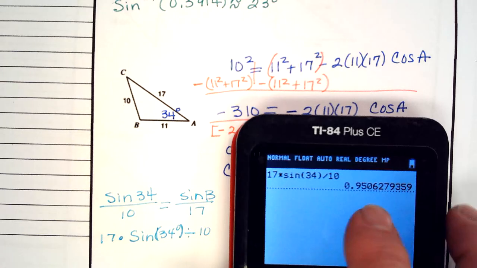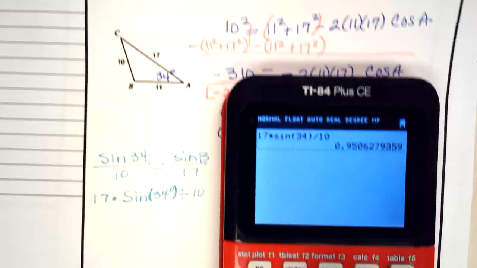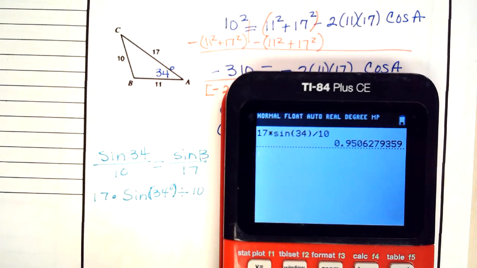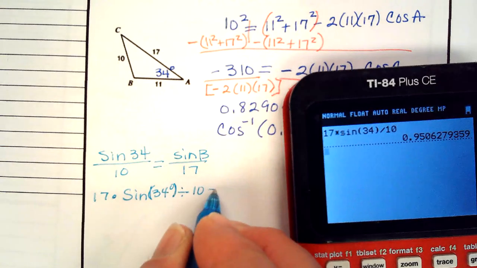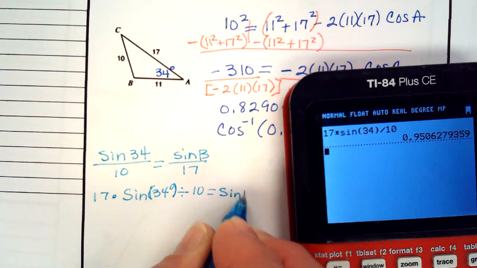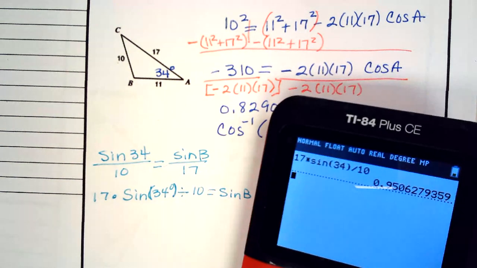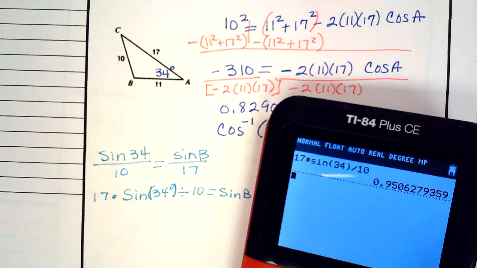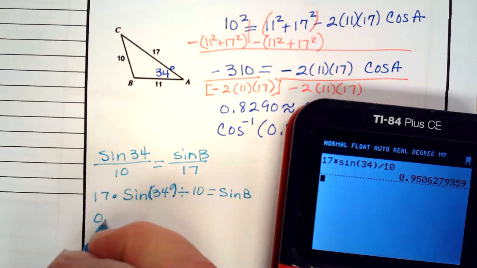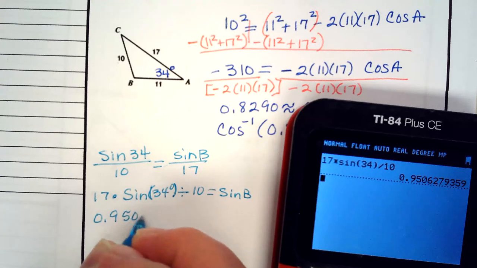Go out to the fourth decimal spot. 0.9506.